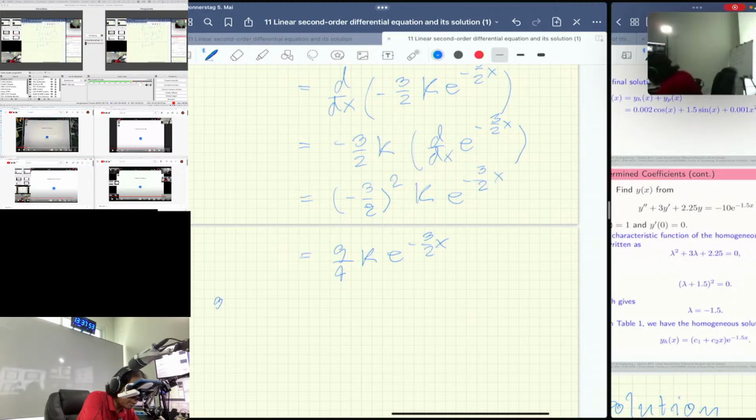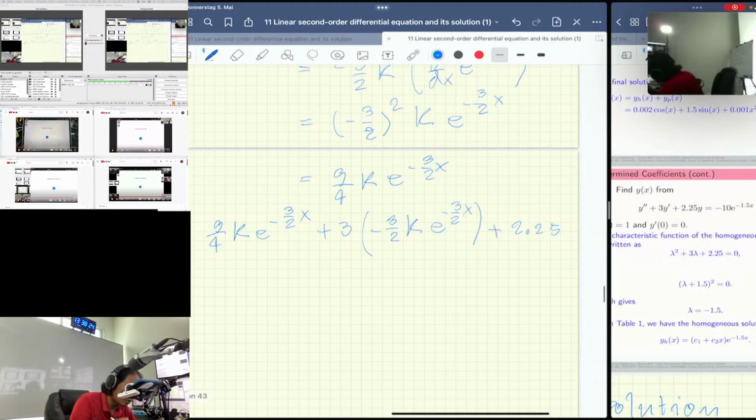So you have here 9/4 K exponential -3/2x plus 3 times -3/2 K exponential -3/2x, plus 2.25 K exponential -3/2x, equal to -10 exponential -1.5x.